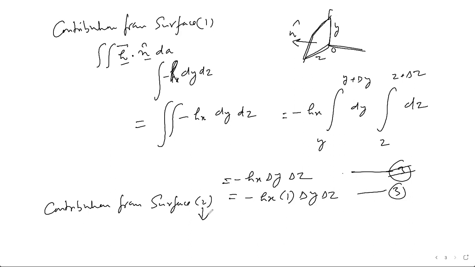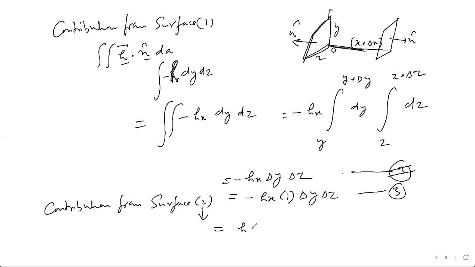Now coming to the contribution from surface 2, I said this will be exactly equal to this, except that surface 2, which is lying somewhere here, is displaced by a distance delta x, at x plus delta x. This is displaced in x space, something like this. Other things are very similar, except that the normal is pointing outward, right?